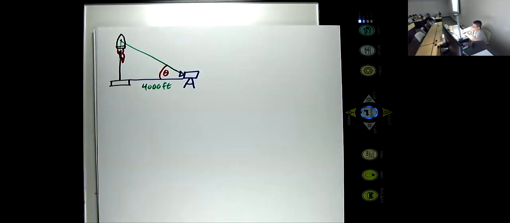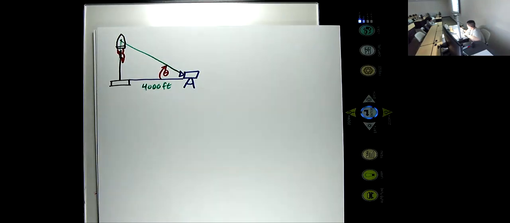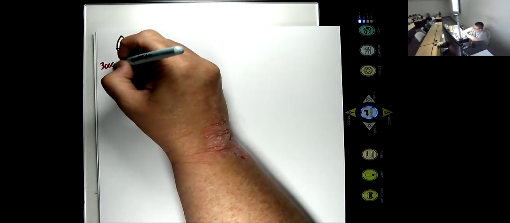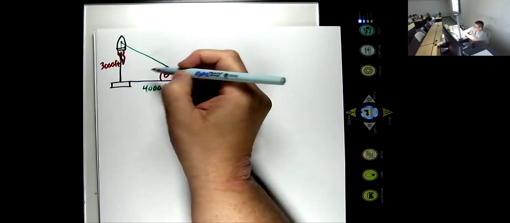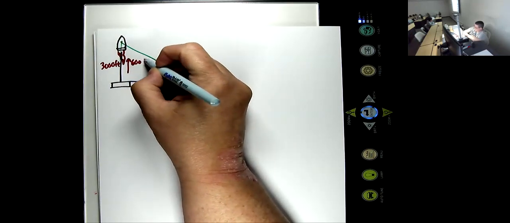It's changing, so it's going up as the rocket goes up. It says when the rocket is 3,000 feet in the air, so when this is 3,000 feet up, it's increasing at 600 feet per second.